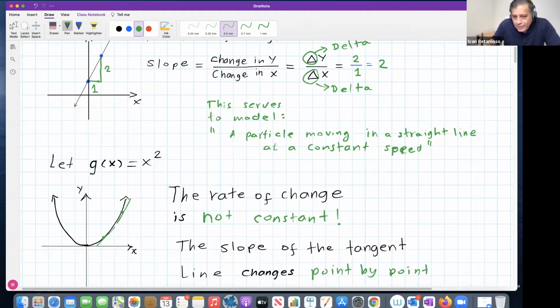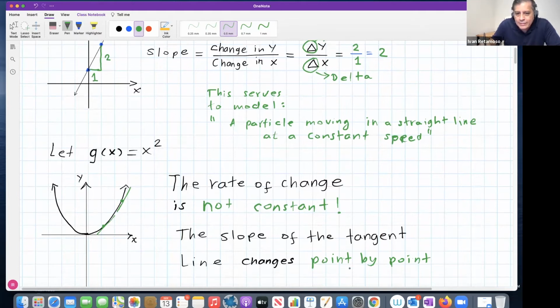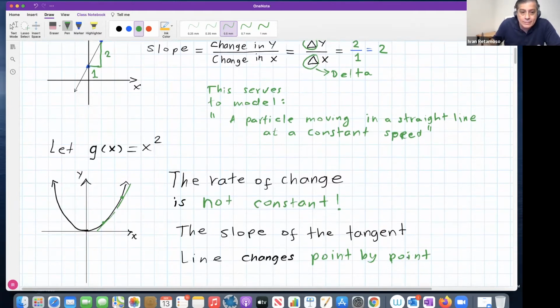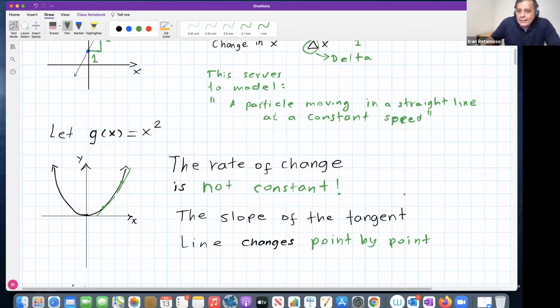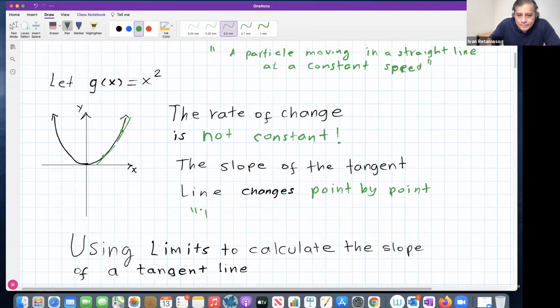It's like you're driving a car, you're pushing the accelerator, right? The speed is not the same. You speed up, you slow down, right? And this serves to model, for example, particles moving at a variable speed, right?